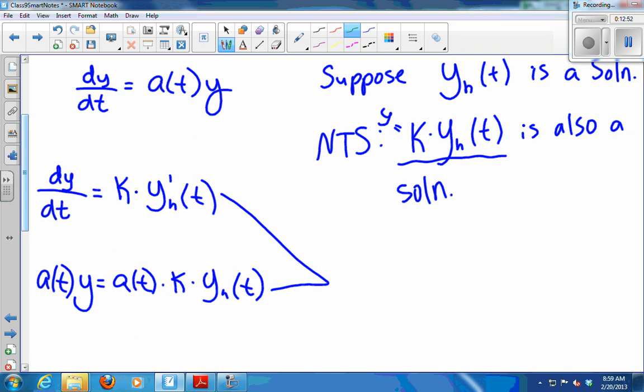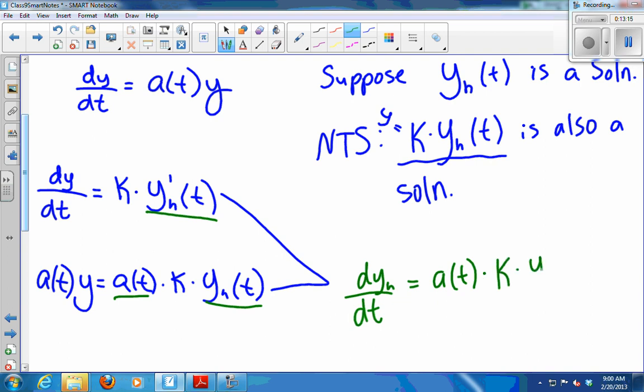For these two to be equal, y prime, that's dy/dt sub h, has to equal A of t times k times y sub h.